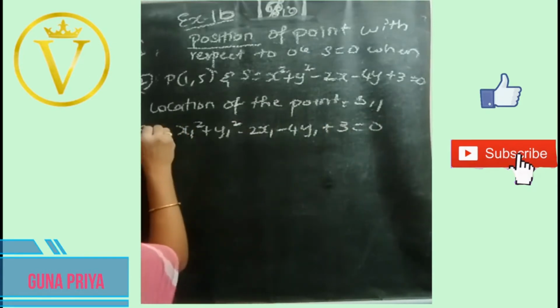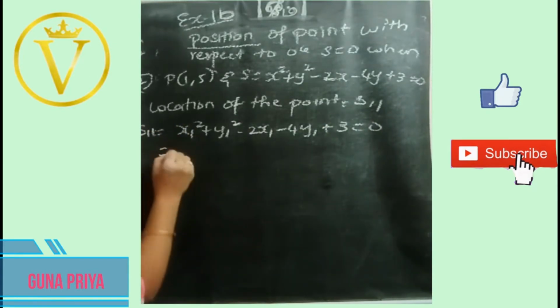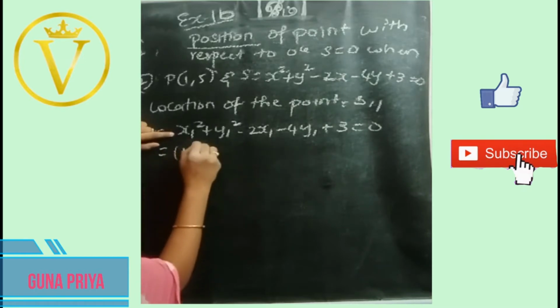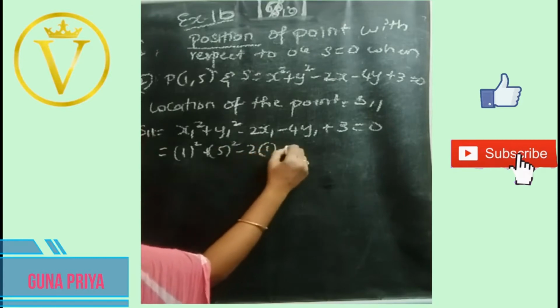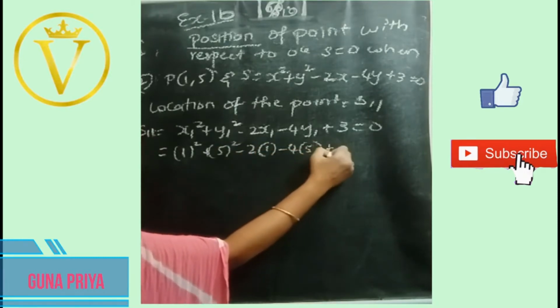So 1 square plus 5 square minus 2 into 1 minus 4 into 5 plus 3.